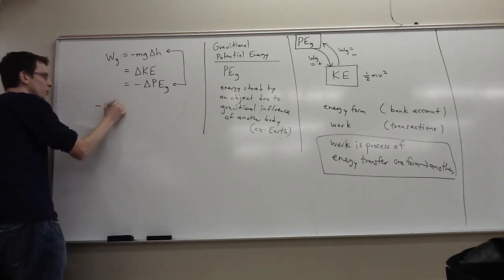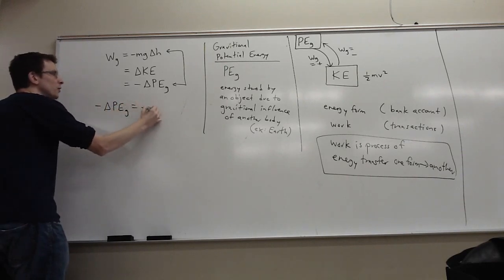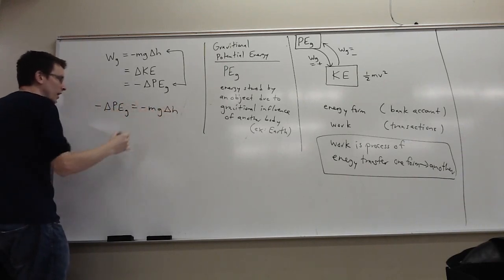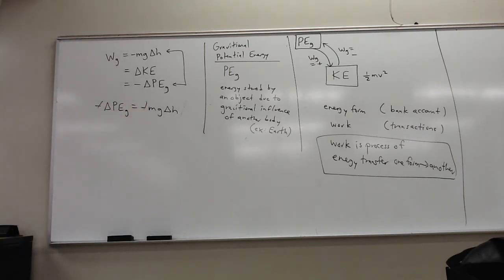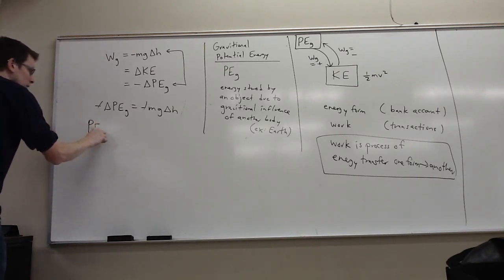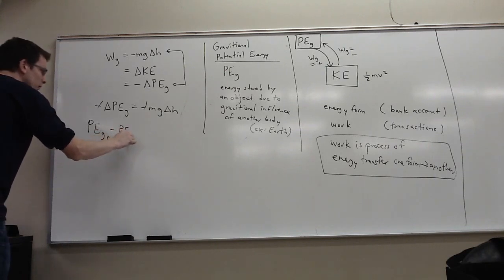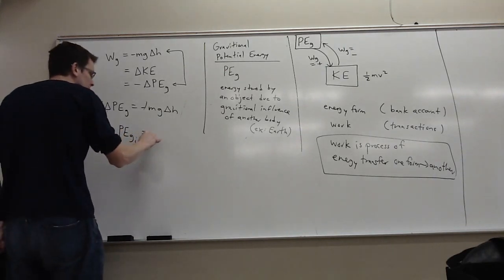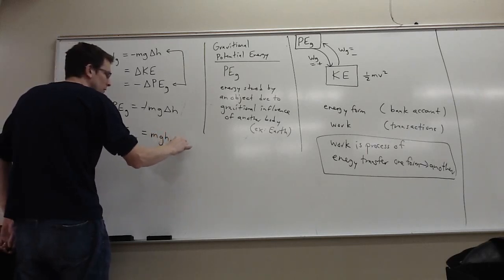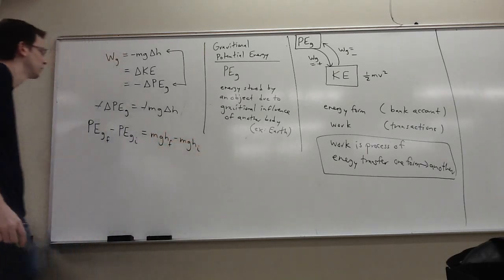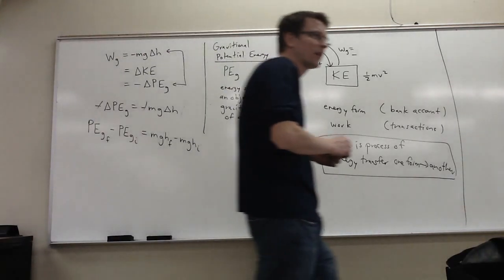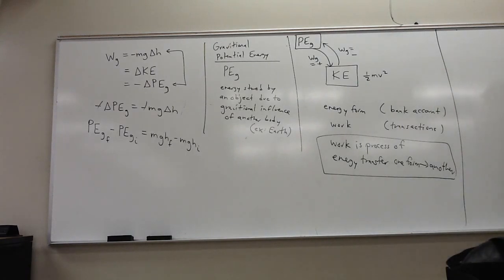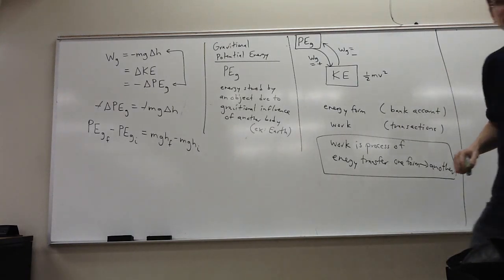I'll set these two equal to each other, cancel off the minuses because they're just annoying, and break apart the deltas. That's highly suggestive of what the equation might be.